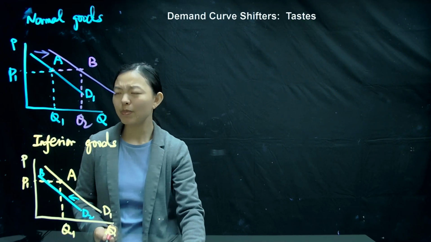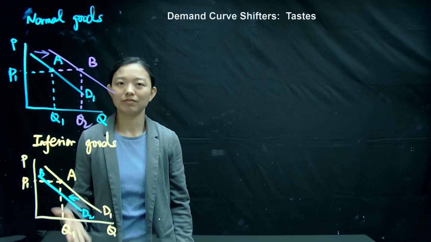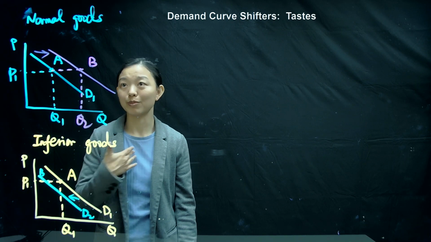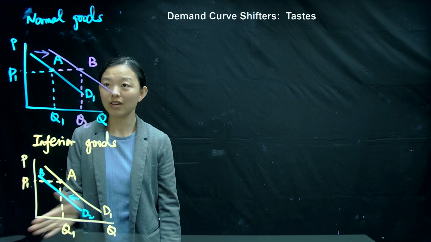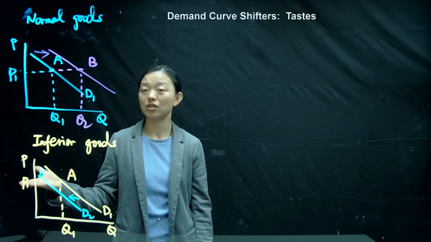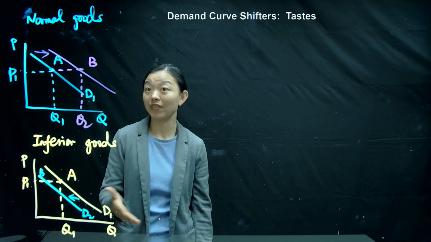Tastes. People's tastes change a lot. For example, maybe several years later I find that becoming vegetarian would be better for my health, so I will decrease my consumption of meat. Even if the meat price doesn't change, my taste changes, right? It will decrease the demand for meat if I become a vegetarian.